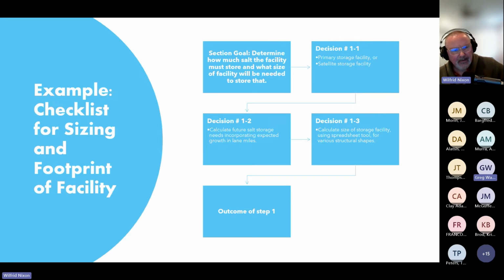You may not have enough space to do that, but you can begin with an optimal storage volume and then adjust that as needed to take other factors into account. So you go through these similar sorts of decisions in each of these areas as laid out in that document.